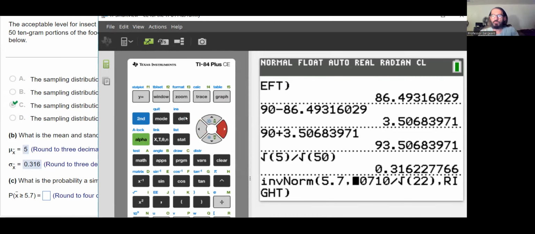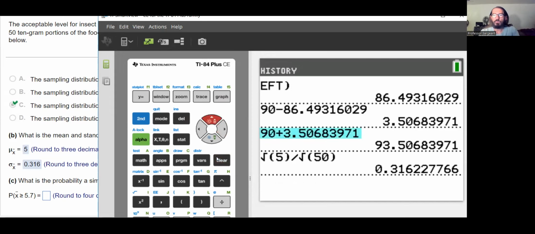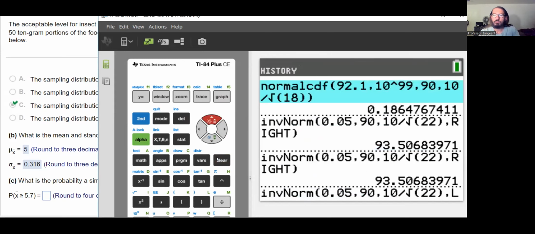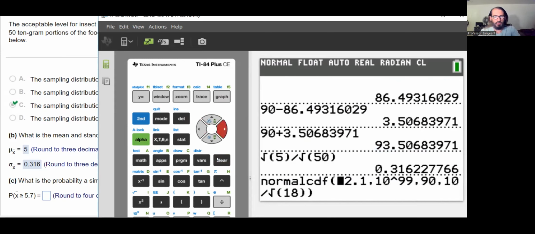So we're going to have, whoops, sorry, not inverse normal. Normal CDF. So we're replacing the finite lower bound of 92.1 with the 5.7. It keeps on going to the right, so I keep the 10 to the 99. Replacing the mean of 90 with a mean of 5 compared to the previous example.